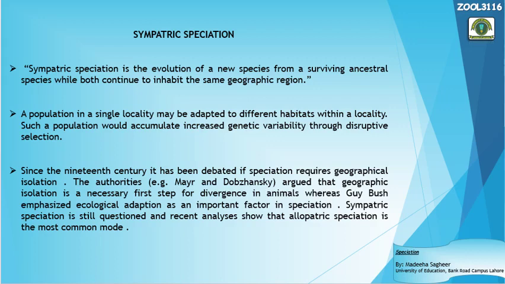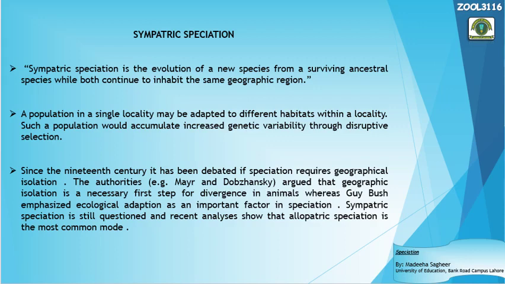So let's have the proper definition of sympatric speciation. Sympatric speciation is the evolution of a new species from a surviving ancestral species while both continue to inhabit the same geographic region. A population in a single locality may be adapted to different habitats. Sometimes a group or a few individuals of the population are subjected to different habitats.